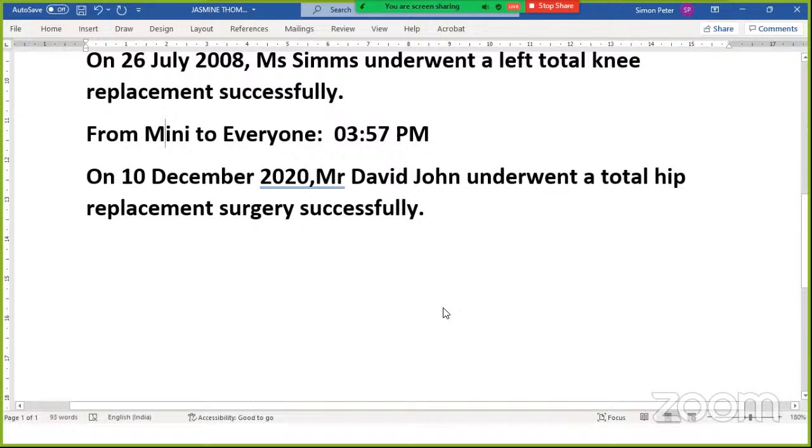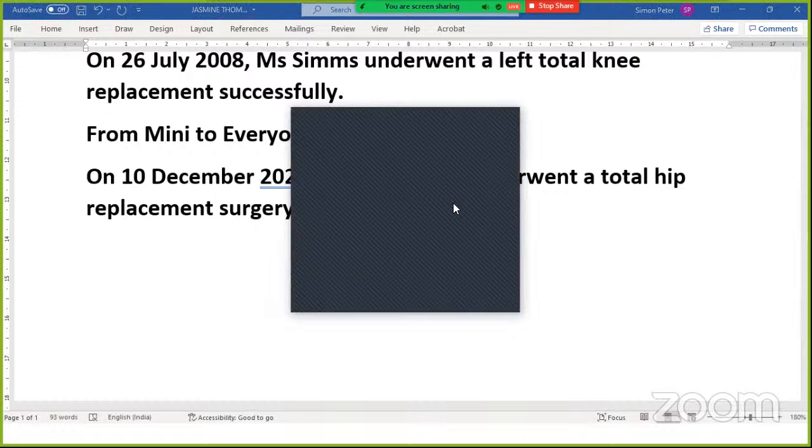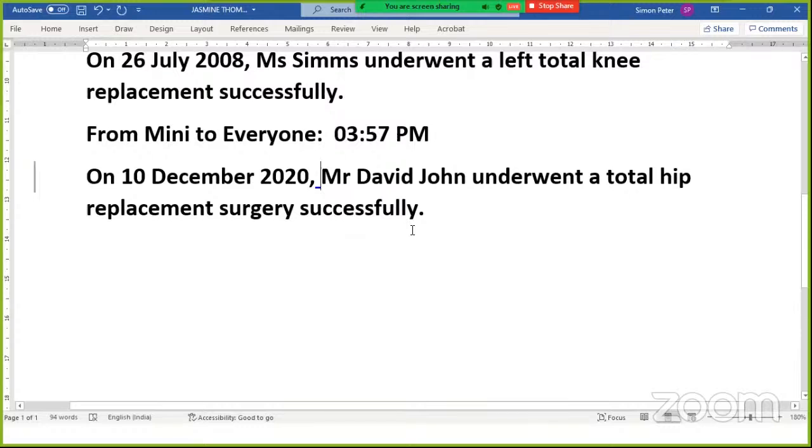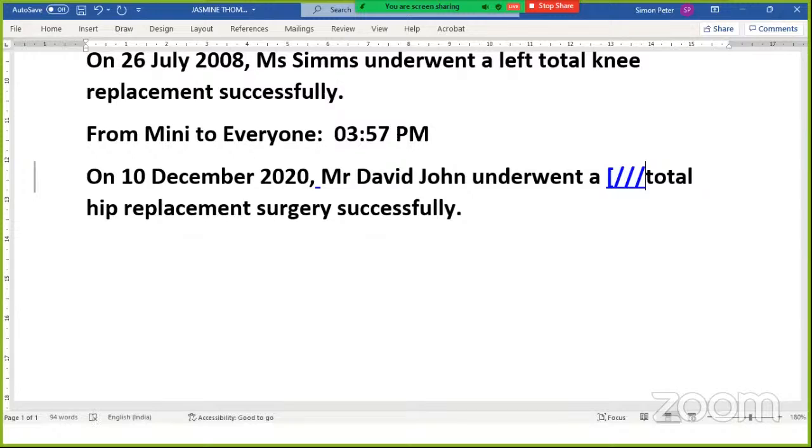Mini, on 10 December 2020, after the comma, you have to leave one letter space. Mr. David John underwent total hip replacement surgery successfully. Everything is fine. Whether the doctor specified left and right or not is your point.